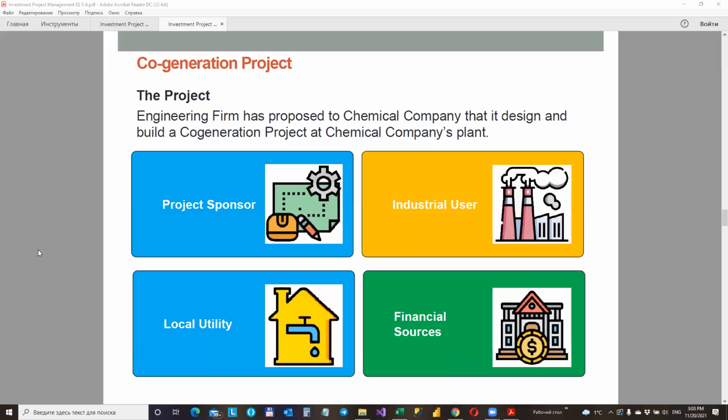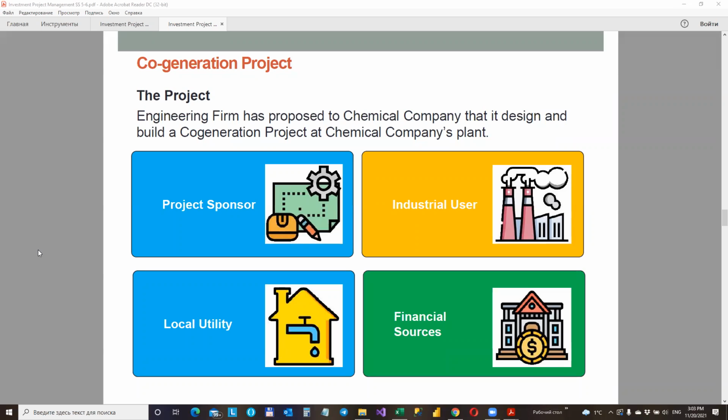Then also the local utility. The local utility is an investor-owned utility company. It provides both gas and electricity to its customers, including the chemical company. The local utility has stated publicly that it is willing to enter into long-term electricity power purchase agreements and long-term gas supply agreements with qualified cogenerators.